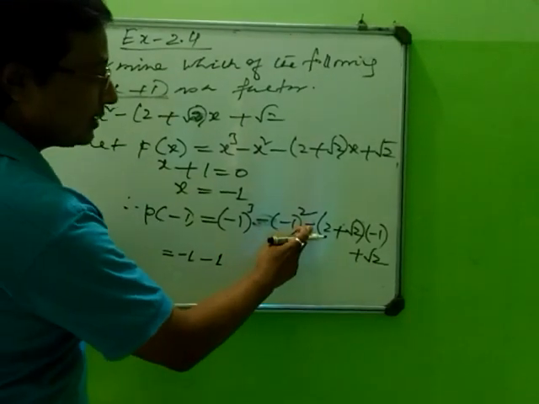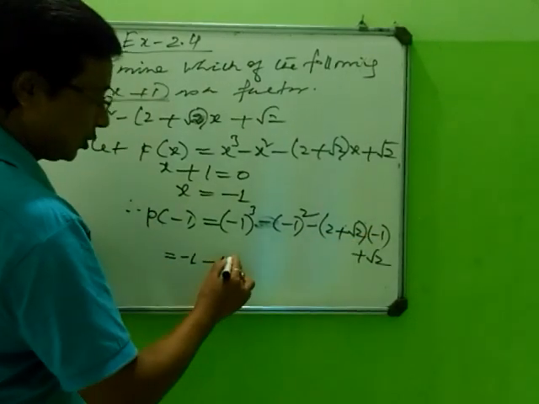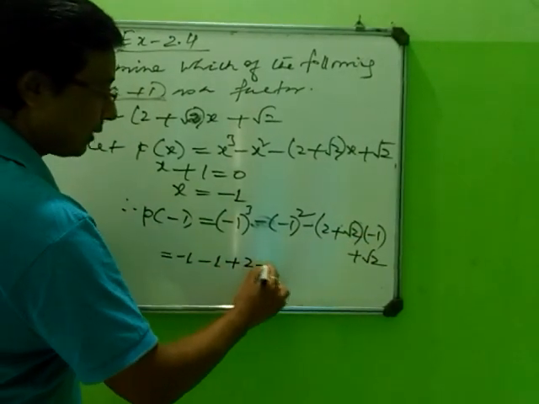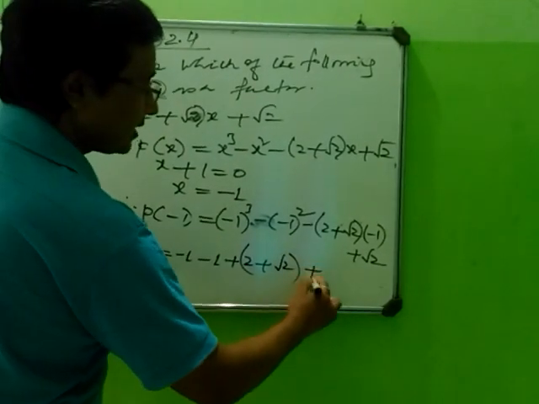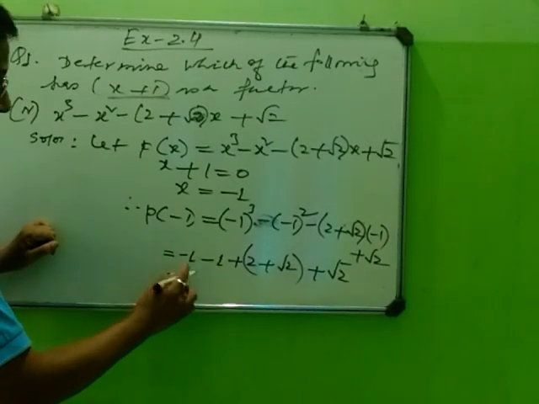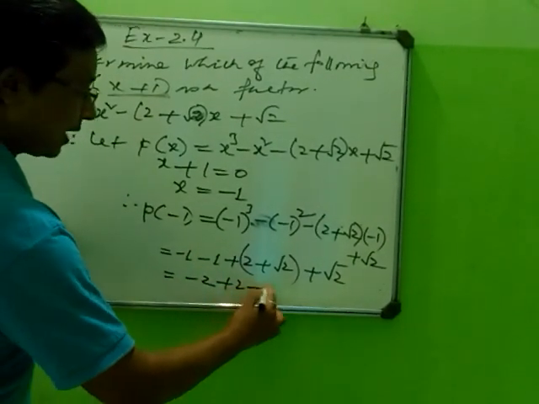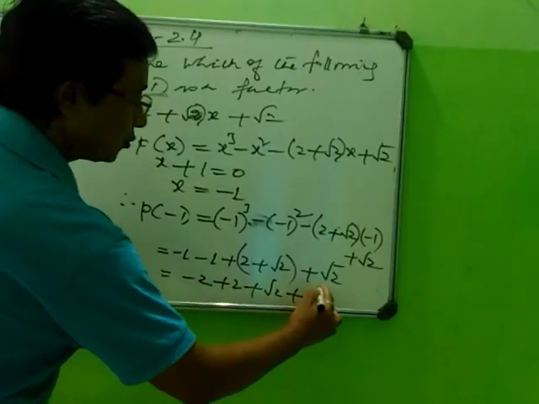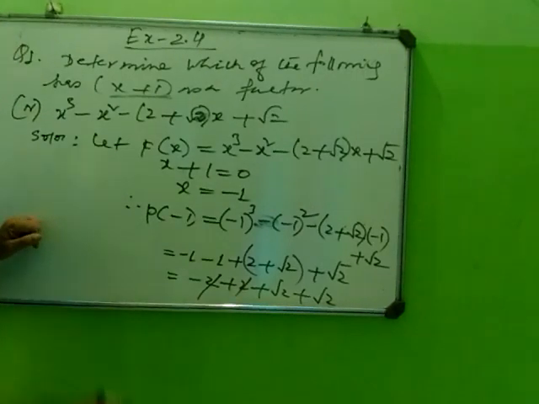Now minus into minus, minus into minus plus, so it will be plus, so 2 plus root 2, then plus root 2 equals to minus 1 minus 2 plus 2 plus root 2 plus root 2. So minus 2 plus 2 got cancelled.